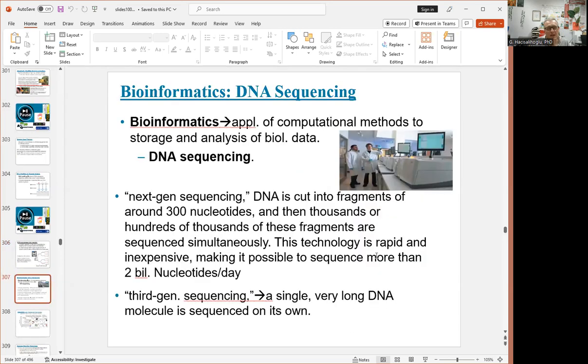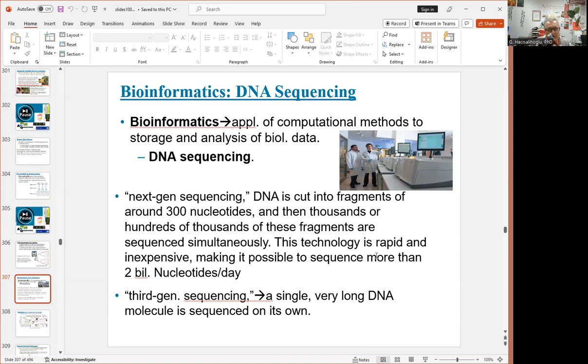Bioinformatics is another technique, which is applying computational methods to store and analyze biological data, like DNA sequencing. DNA sequencing is getting cheaper and faster every day.